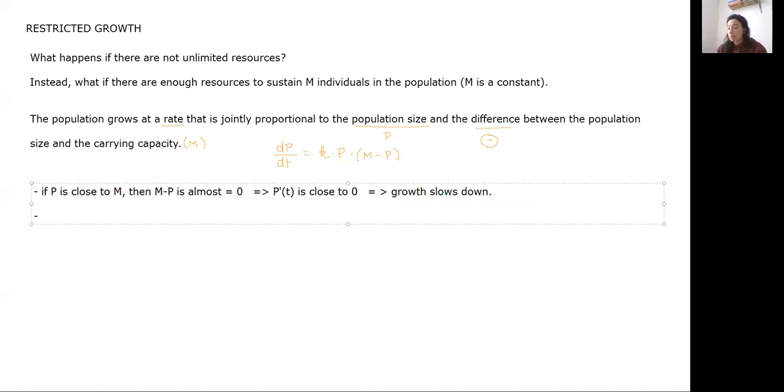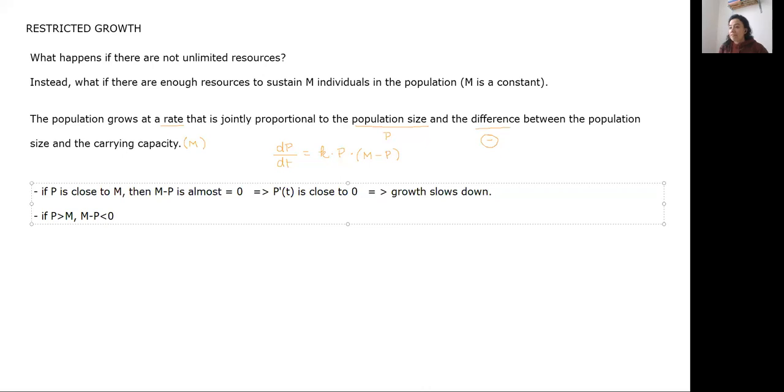The closer I get to M, the closer I get to the population size, the slower I'm going to grow. And then if my population size is larger than M, so if for some reason at some point I introduce too many animals, and the population is larger than the maximum that I can sustain with my environment, then P is larger than M. So if I subtract P from M, I'm going to get a result that is smaller than 0.